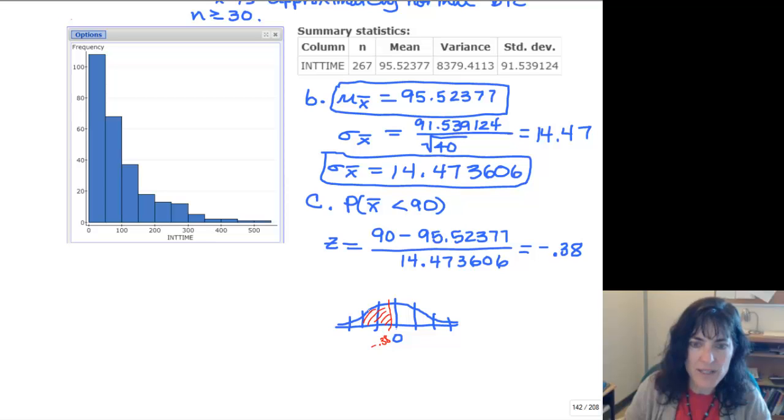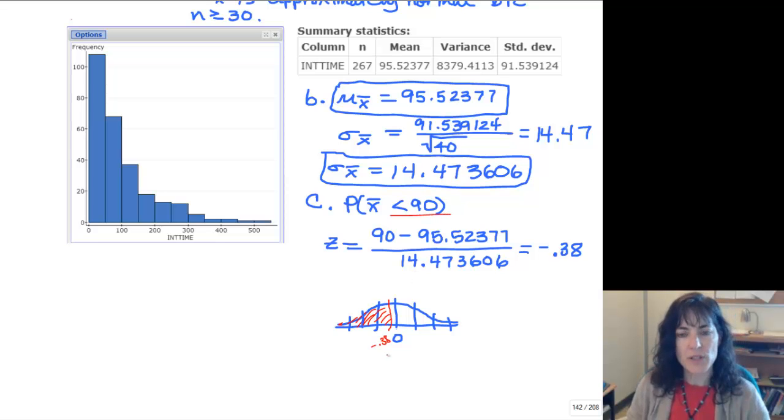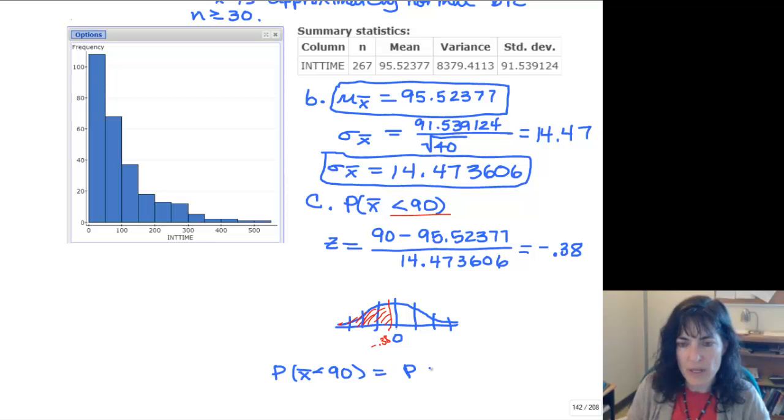And then what I'm looking for is less than 90, so it's going to be all those values to the left, which means if I want to calculate that area, the probability that x bar is less than 90 is going to have to be 0.5 minus the probability that z equals 0.38.